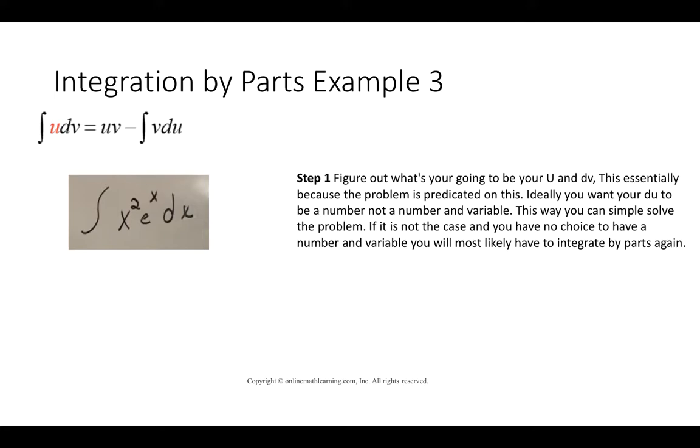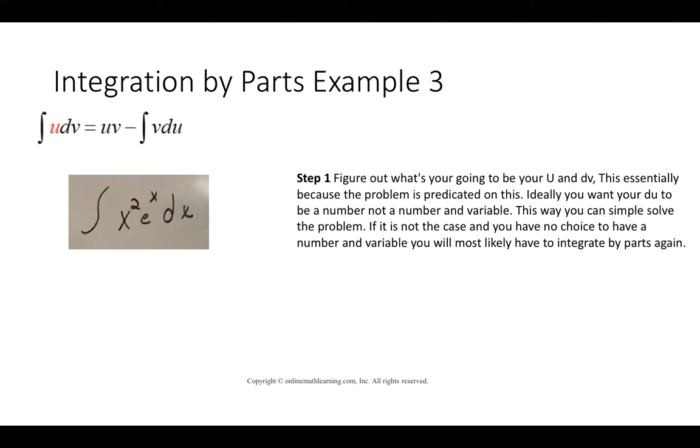But if I make x squared my u, I'll get my du as 2x. The next time I integrate by parts, I can make 2x my u again, and I'll get 2 as my du, which would be ideal.